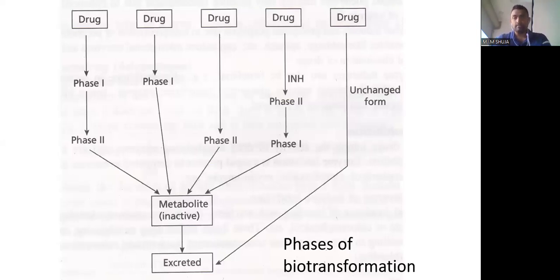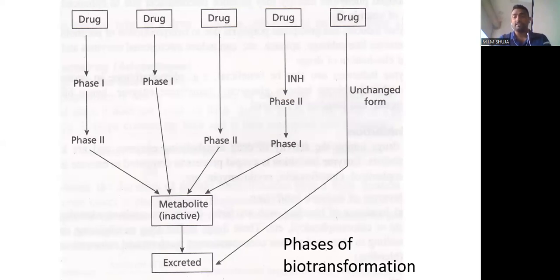Most of the drugs follow phase 1 reaction, then phase 2 reaction, and are excreted. A few drugs, after phase 1, if they are too polar, are directly excreted. They don't go to phase 2.